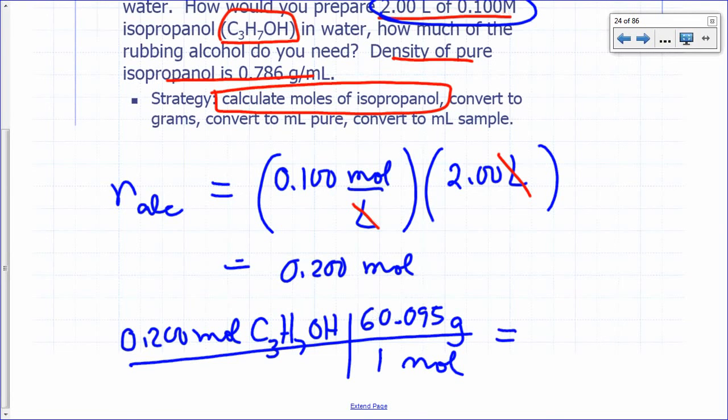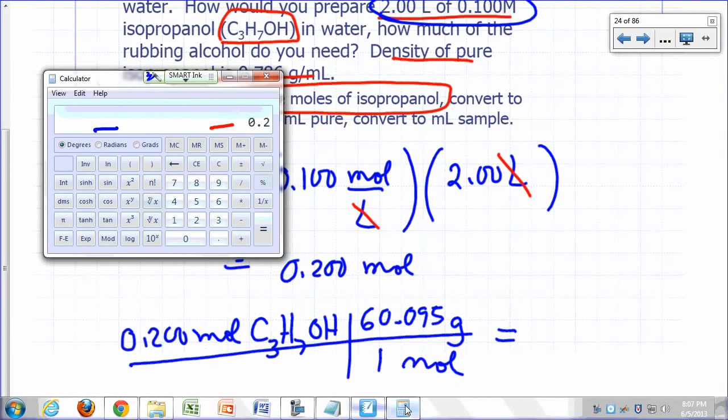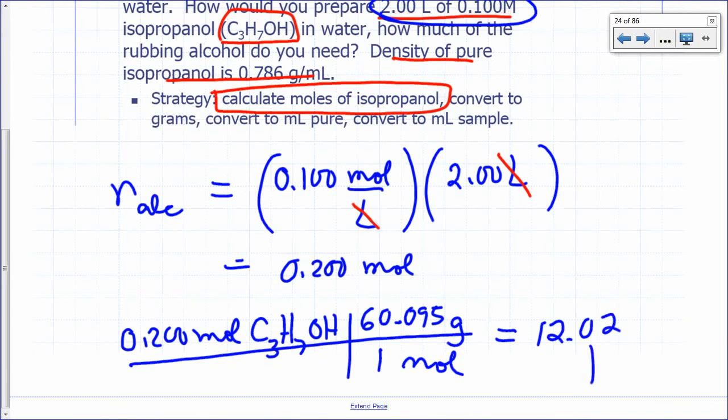So how much is that? 0.2 times 60.095 gives me 12.019, so 12.02 grams, keeping in mind my last sig fig is that 0 right there. Pure isopropanol is a liquid, so it's preferable to measure its volume rather than weigh it.